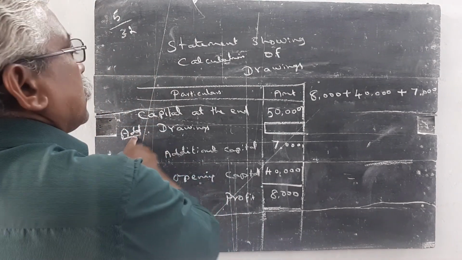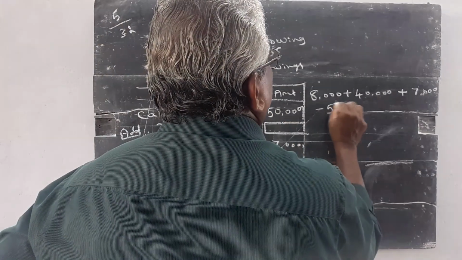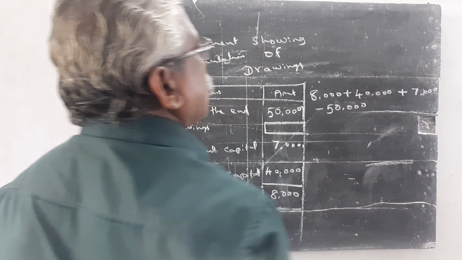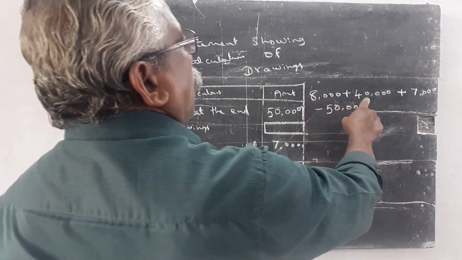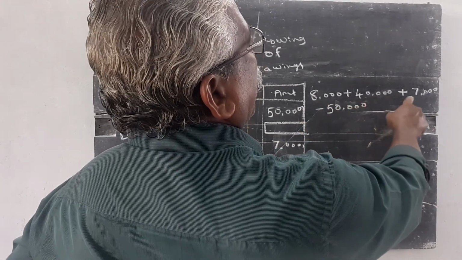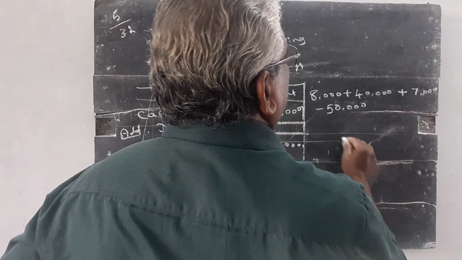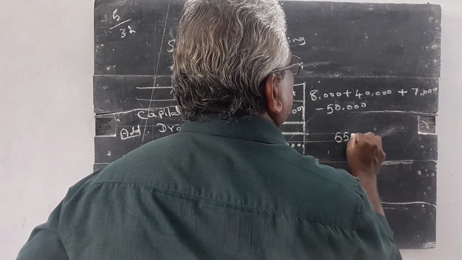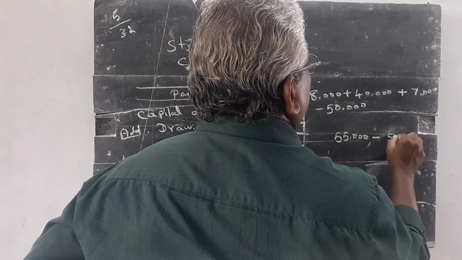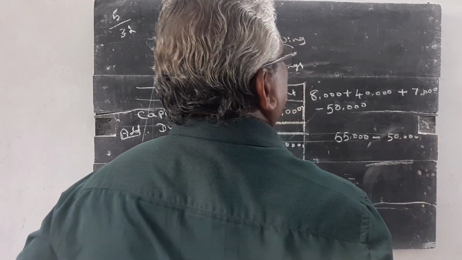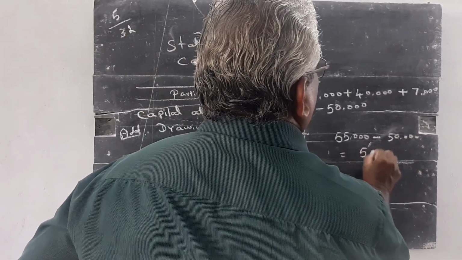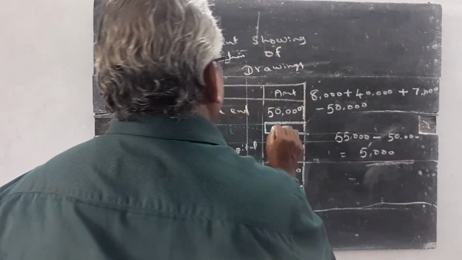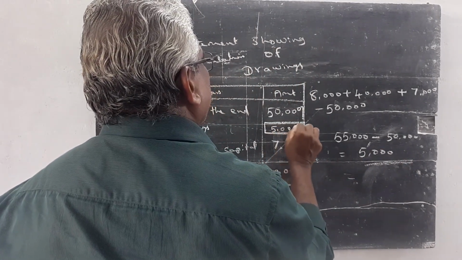Then here add is given, so we have to minus 50,000. 8 plus 40 is equal to 48. 48 plus 7 is equal to 55,000, minus 50,000. We get 5,000 rupees. This 5,000 rupees is the drawing amount.